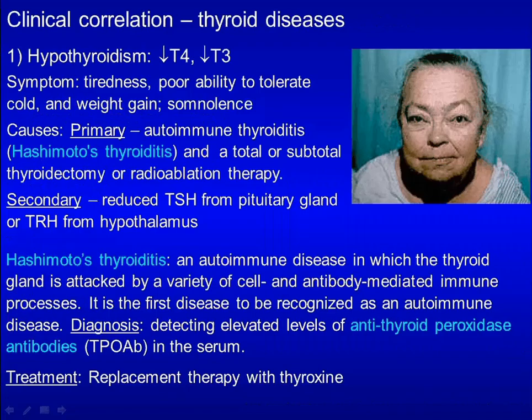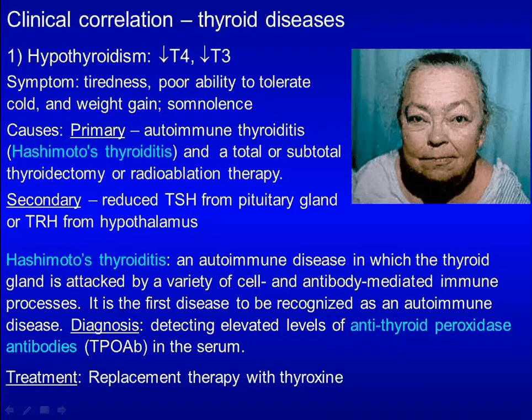Here's a clinical correlation. Hypothyroidism is a condition in which the thyroid gland does not produce sufficient thyroid hormones. Symptoms include tiredness, poor ability to tolerate cold, weight gain, and somnolence, as shown in this picture.